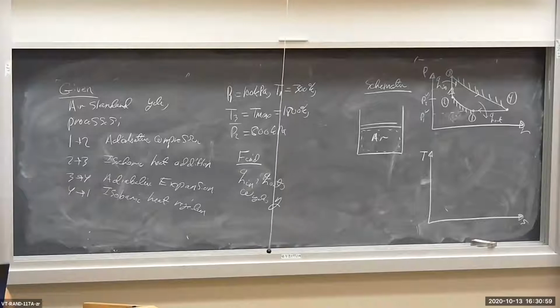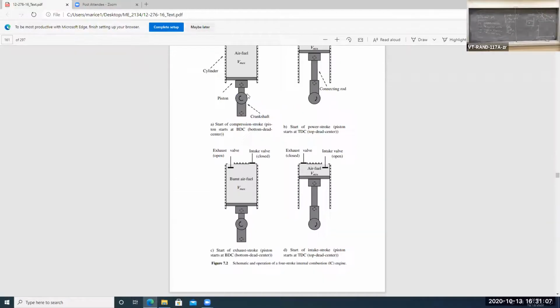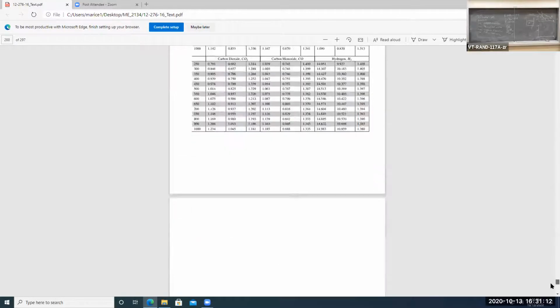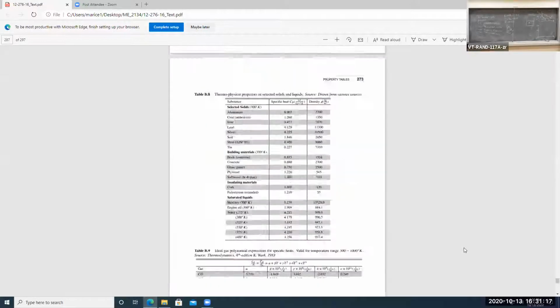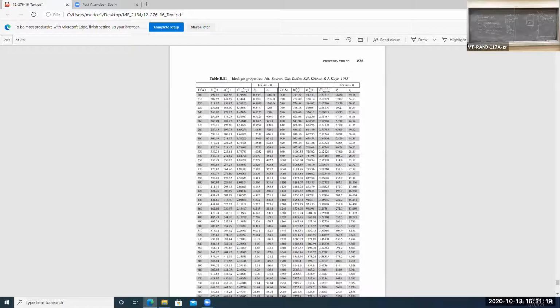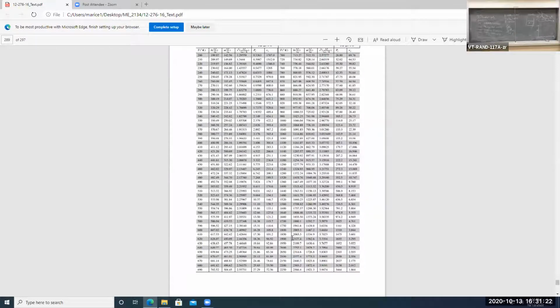So I should be able to pull it out from a table, IGB air. This is not a constant specific heat problem. It doesn't say anything about constant specific heat, so I have to assume variable specific heat. Ideal gas properties for air, 1800 degrees. It looks like I have 1487.2 kilojoules per kilogram. So that's U3.